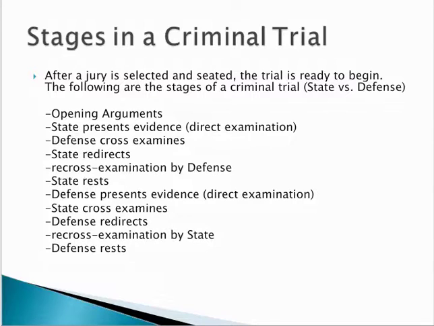Now, all of this evidence is done through direct examination or questioning of state's witnesses. So the prosecution does the opening arguments, they present their evidence, and direct examination means that they're going to question each one of their witnesses.